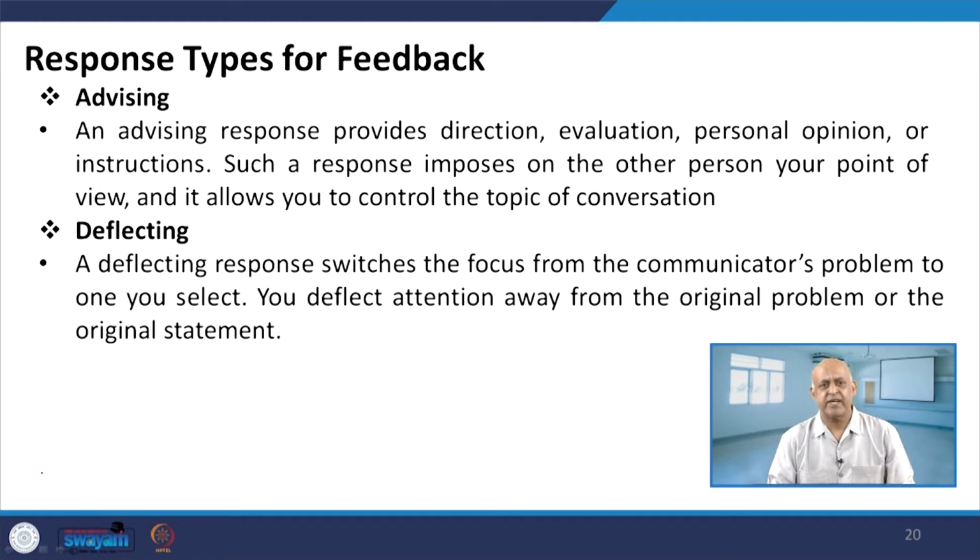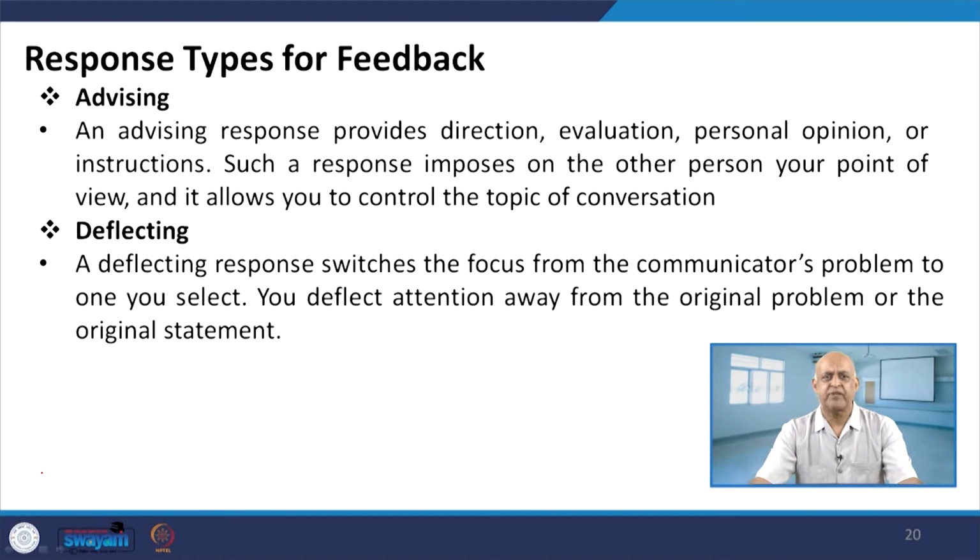So, as we have seen in the 6 elements of feedback, about being direct, we should avoid deflecting and be very direct, so that the person to whom we are giving the response is able to connect with his activities.